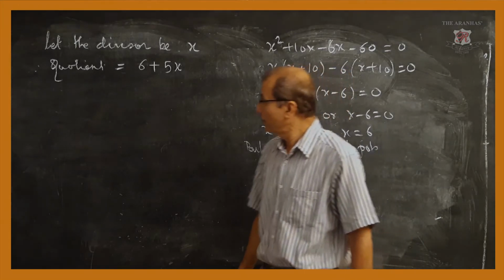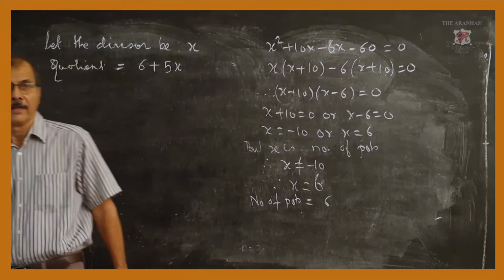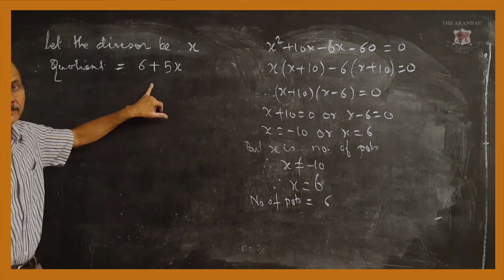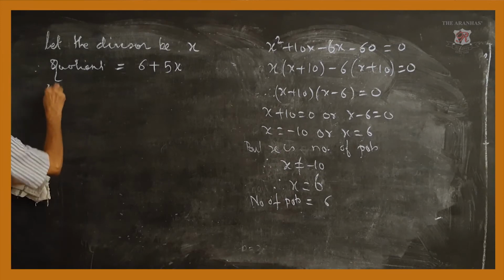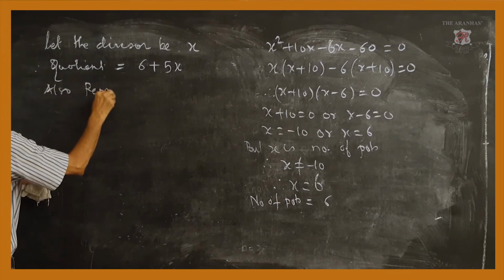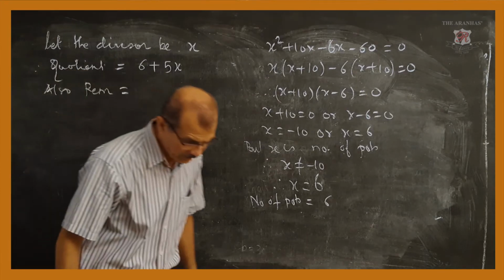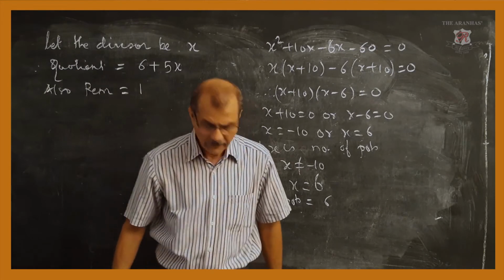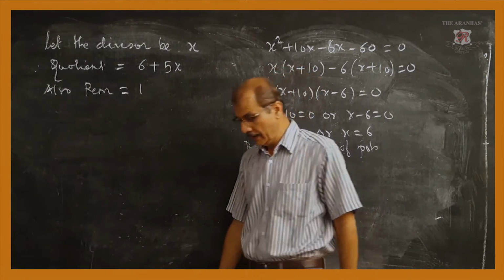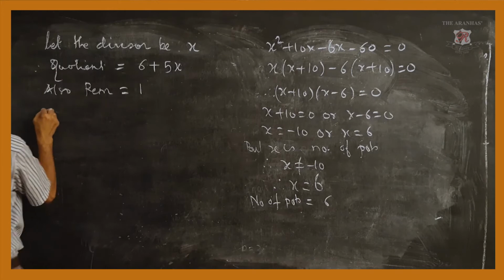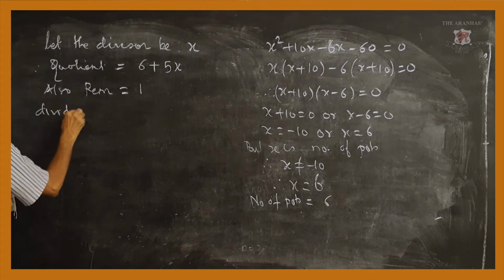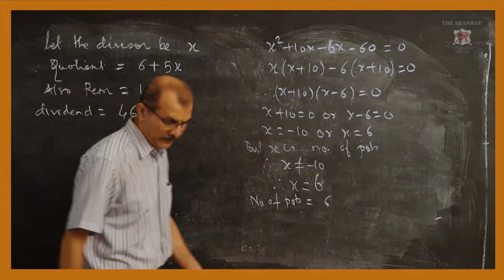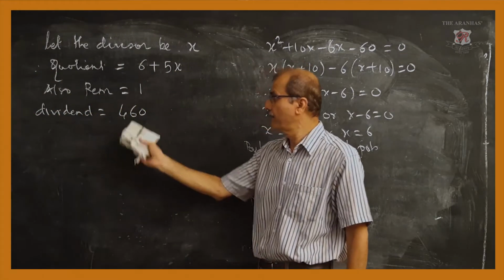Now, the further part. Once you know the divisor and the quotient, you are also given the remainder. The remainder is given to me as 1. And what is the number given? My dividend is 460.